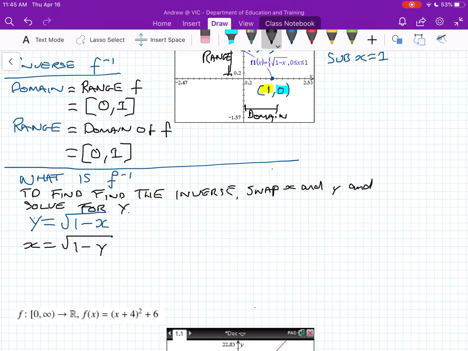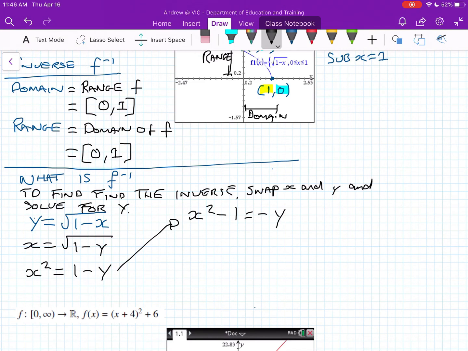That means getting y by itself. So first for this one, we don't have any constants at the end. So the easiest thing to get rid of here is our square root sign, and the opposite of a square root is squaring. So this becomes x squared is equal to 1 minus y. Okay. Now we've got positive 1 here, so we need to minus 1 from both sides, so it becomes x squared minus 1 is equal to negative y.